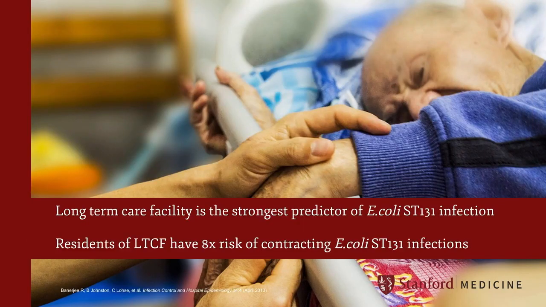Studies have shown one of the strongest predictors of developing an antibiotic-resistant infection is being a resident of a long-term care facility. In a study published in 2013, long-term care facility residents had 8 times the risk of contracting antibiotic-resistant E. coli compared with non-long-term care facility residents.